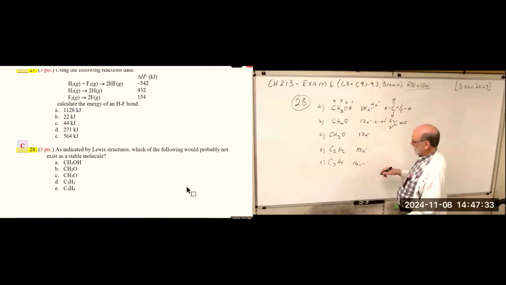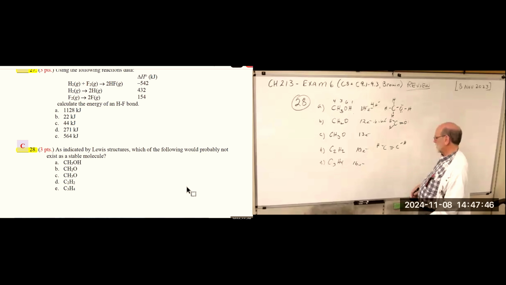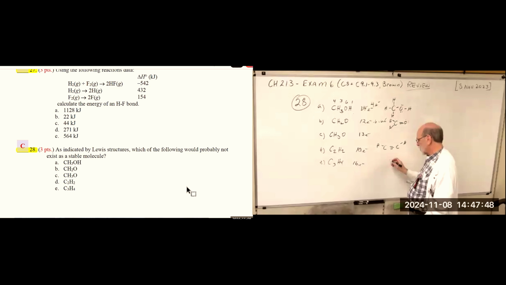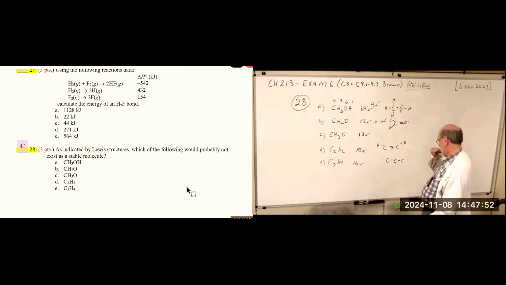I'm going to skip that one because we know that's the wrong one. If we draw this one, 2, 4, 6, 8, 10. There you go. Then this one takes a little bit more work. Okay, where do those hydrogens go? Typically, the hydrogens go on the outside if we need a place to put them.